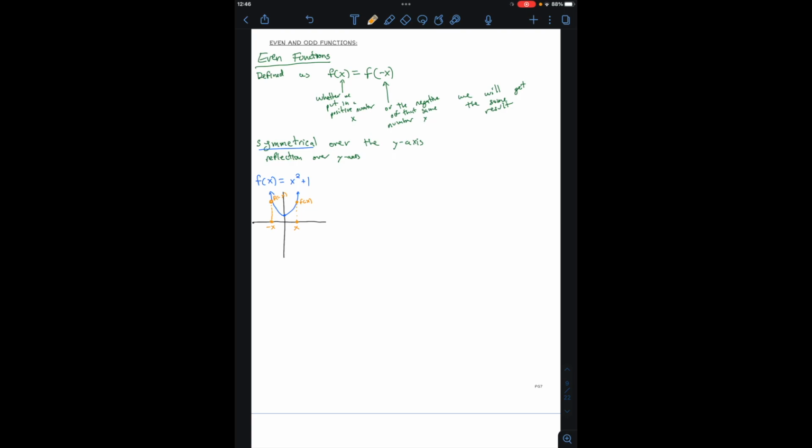Well, those two are supposed to be the same y-coordinate. So if I go the same distance here, x and negative x, well, my outputs should be at the same y-coordinates. And that's a little fancy of a definition, but it's good to look at. Going back to this idea, whether we put in a positive or a negative version of the number, we'll get the same result. So let's look at that.